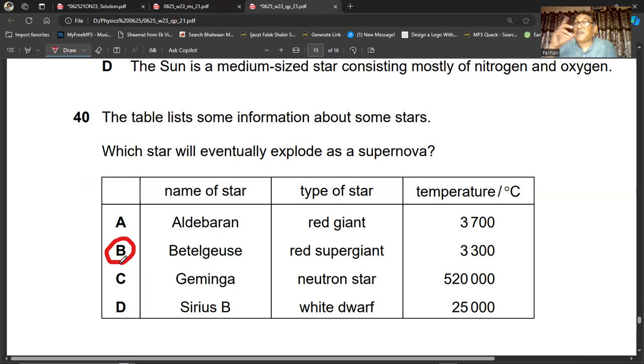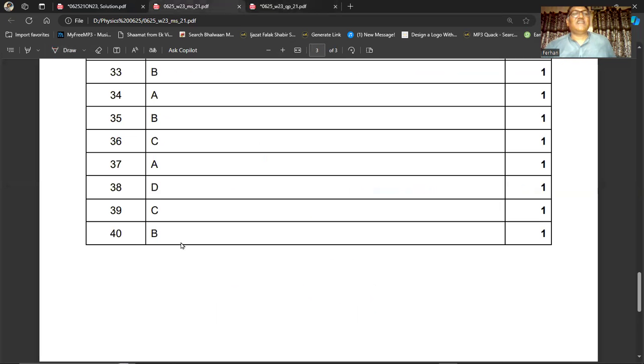Now you see how we choose the right one. Betelgeuse, how do we choose it? Because it is a red supergiant. So after the red supergiant, supernova will happen. So I know B is the choice. Question number 40. B is the choice, sir.